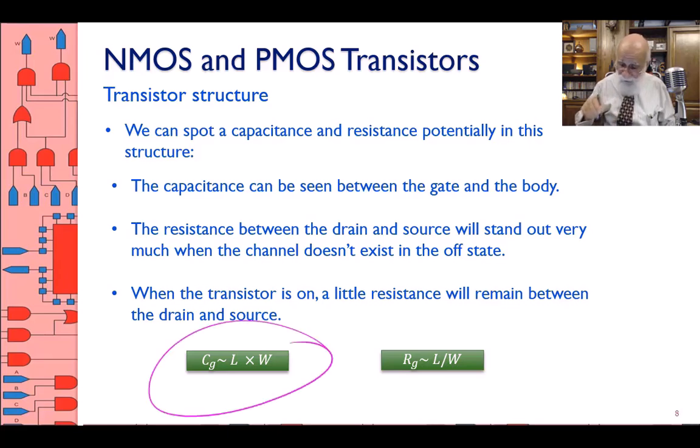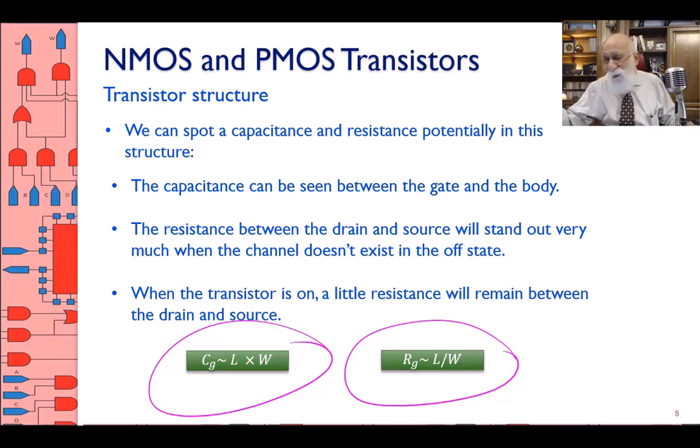This is the gate capacitance, this is the gate resistance, and we are ignoring all other resistances or capacitances. I'm talking about the model. An NMOS is a transistor with some capacitance here, Cg, and some on resistance, the channel resistance.